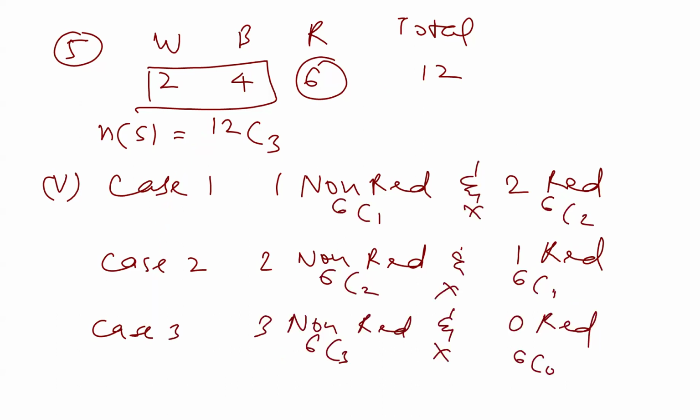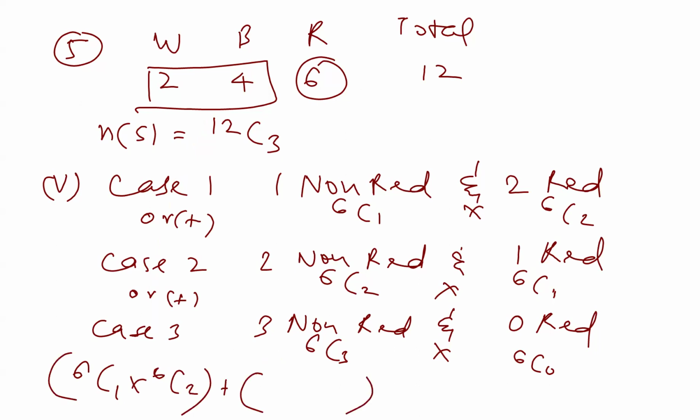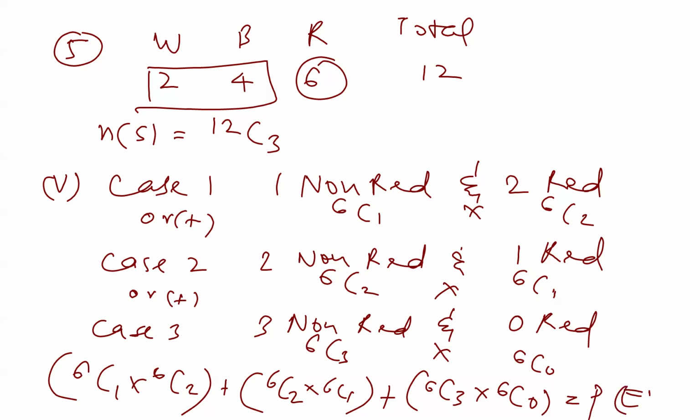Whenever there are cases, there is always or between the cases, and or indicates plus. So this will be 6C1 into 6C2, that is case 1, plus 6C2 into 6C1, plus 6C3 into 6C0. This is N of E, where E is an event where not all of them are red, and P of E is N of E upon N of S, right?